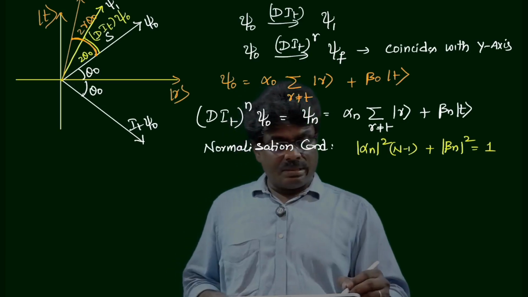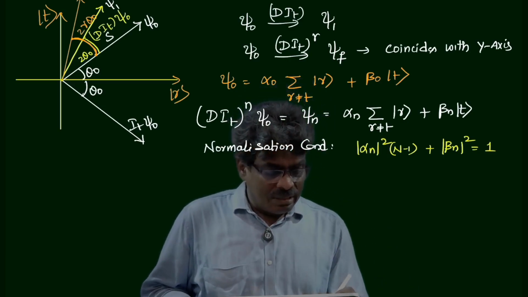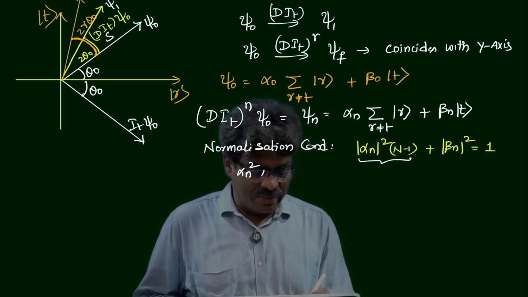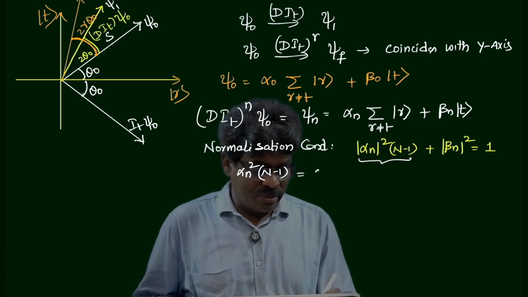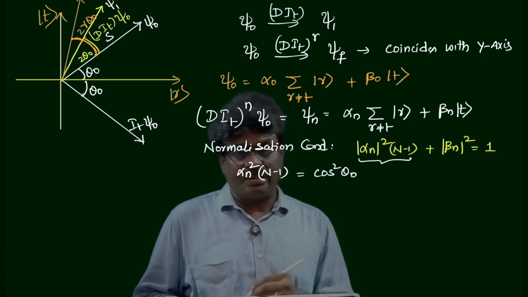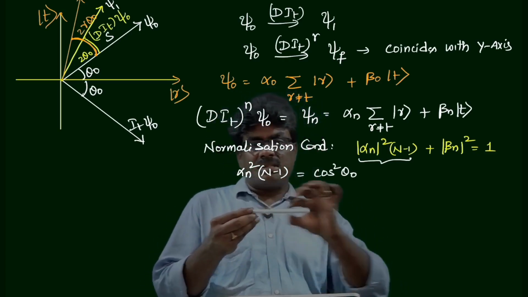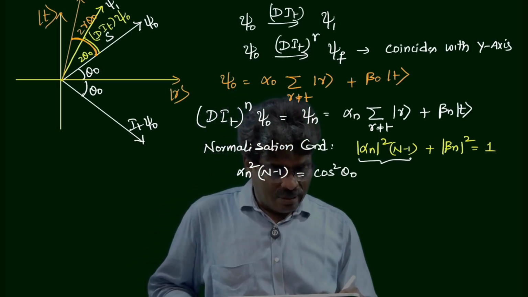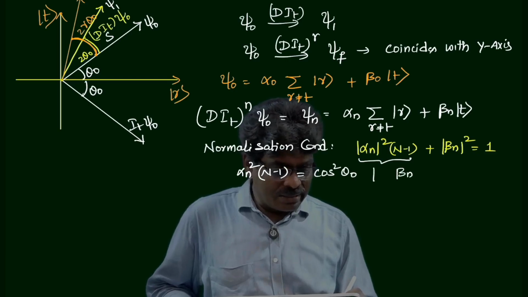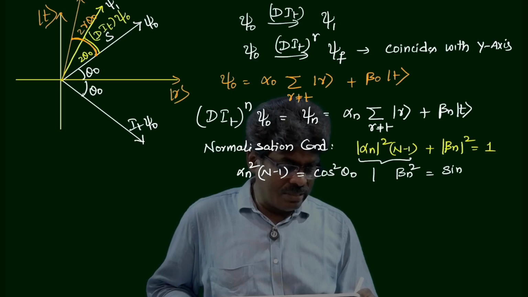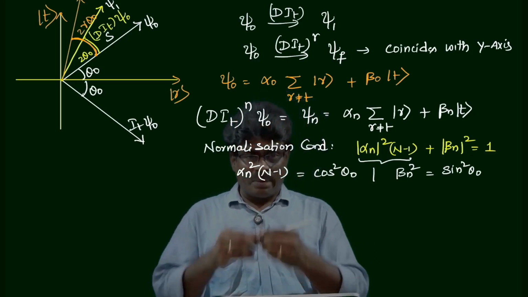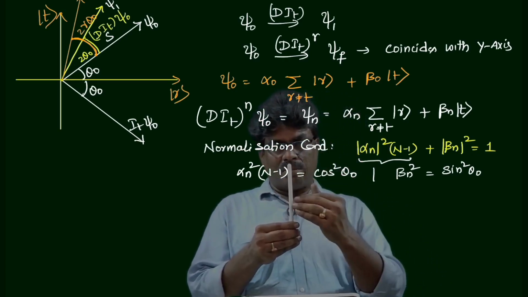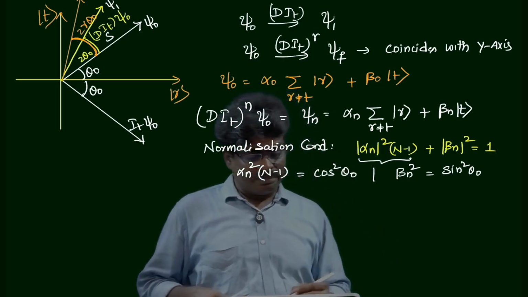By using trigonometric relations, we can take alpha n square times n minus 1 as cos square theta naught, because along the x-axis we have the remaining states, and along the y-axis we have the target state, and beta n square should be sine square theta naught, because this is the adjacent side, the remaining states, and here we have the opposite side, that is the target.